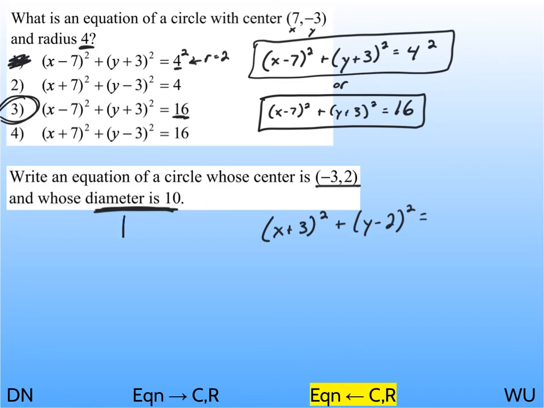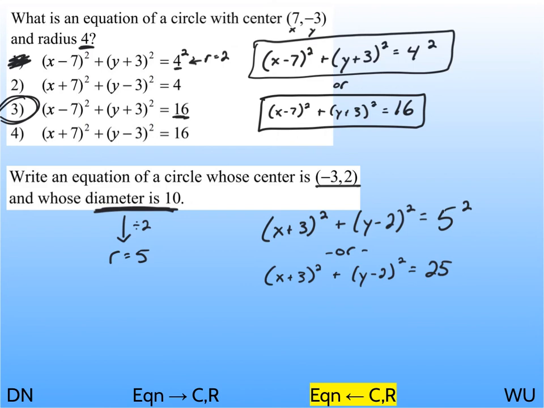So remember, to find the radius from the diameter, you have to divide by 2. So in this case, the radius is 5, and do the radius squared, it's 5 squared. Or you could also write it like x plus 3 squared plus y minus 2 squared equals 25.